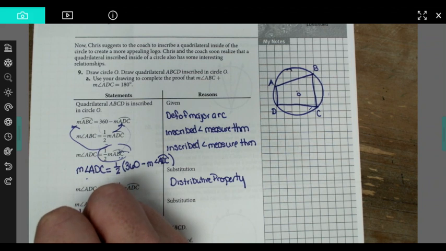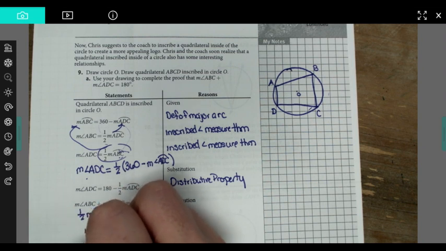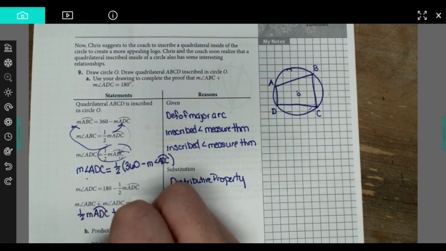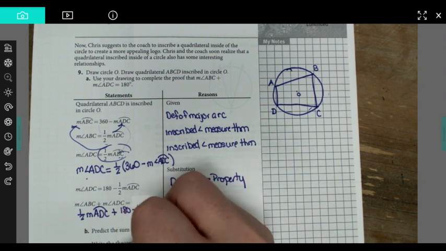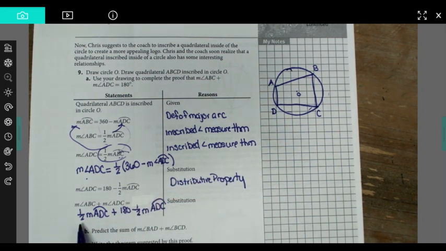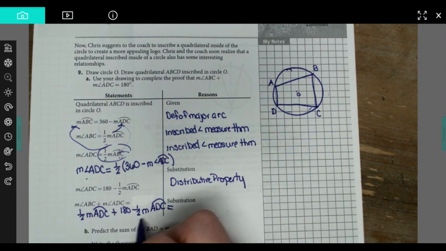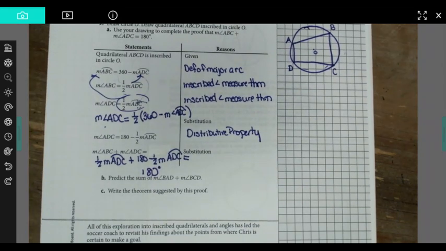This equals 1/2 the measure of arc ADC plus 180 minus half the measure of arc ADC. Well, I've got a 1/2 measure of arc ADC minus the 1/2 measure of arc ADC. So those cancel out, and I'm left with that 180 degrees I tried to write down earlier.